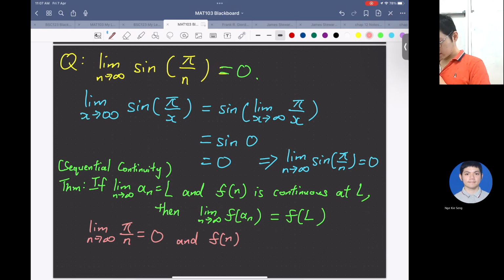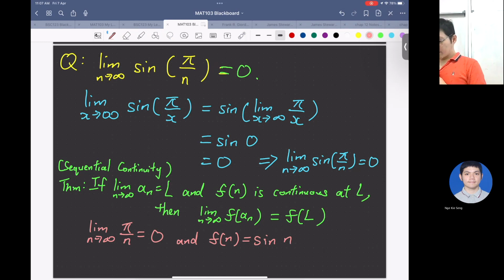Your f is your sine. So this means that if you apply your function on the sequence, and then you take the limit of that image, you exactly get f(L).